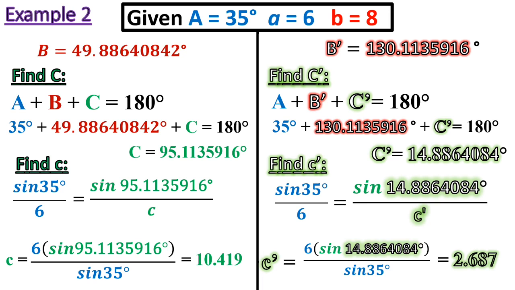The leftover is the prime of that angle, if there is a second triangle. You can tell if there is a second triangle by taking the prime angle and adding it to the given angle, and if you are under 180 degrees, there is a second triangle. If you are 180 degrees or more, there is not a second triangle.